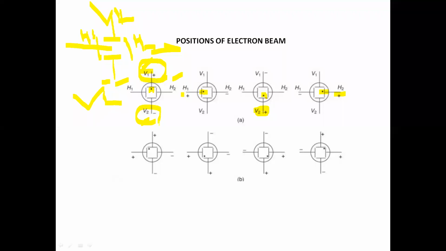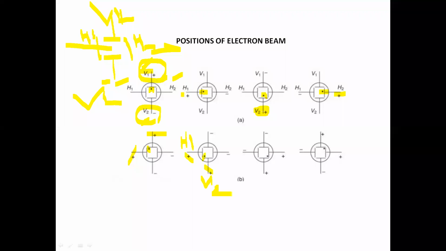Okay, so if simultaneously both the horizontal and vertical plates are given polarity, that means if V1 is positive and H1 is positive, then the spot is in between those two plates. Look here, 45 degrees. So here H1 positive, V2 positive, then the spot is at the 45 degrees axis between H1 and V2.